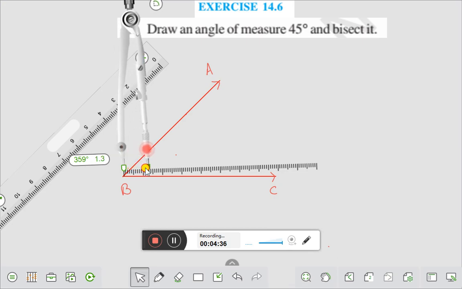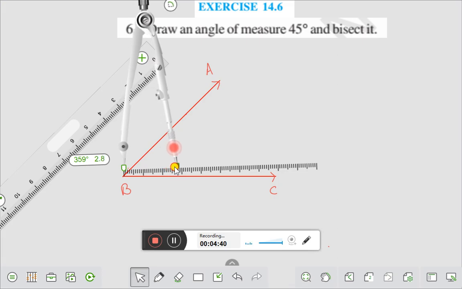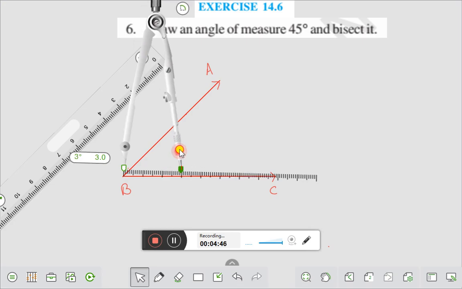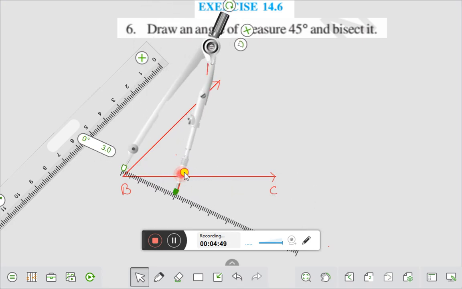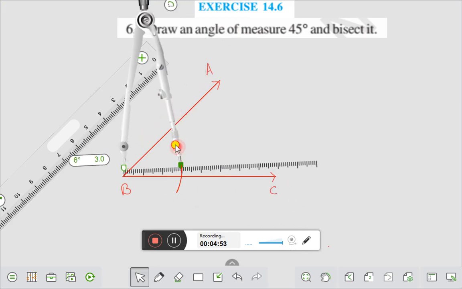Take the length up to here to make an arc. Then make an arc here.